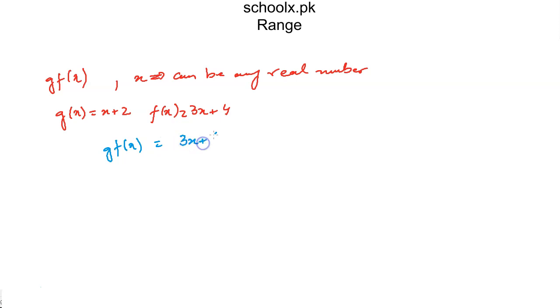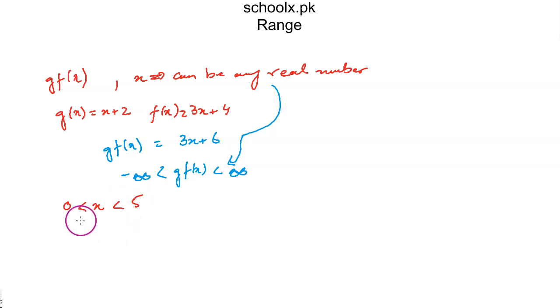That will give us 3x plus 6. Now for x being any real number, the range of this function will again be from negative infinity to positive infinity. It perfectly makes sense, because you can put the value of x as high as possible and as low as possible. But what if they have given us a specific range for the domain, for the input of x? For example, when x was, let's say, from 0 to 5?